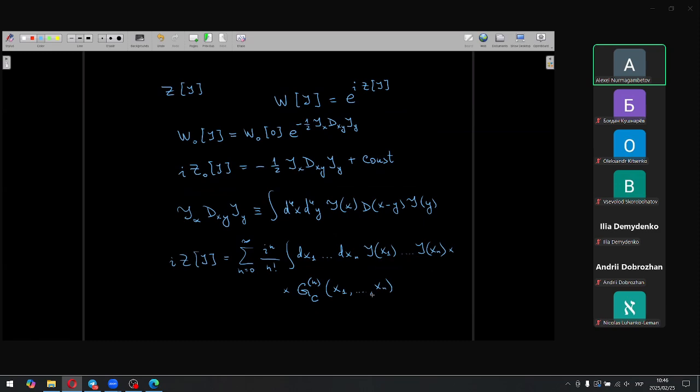In the free field case, we have just 2-point correlators, 2-point Green's function in this series, because we deal here just with these non-trivial correlators corresponding to the Feynman propagator D x minus y, and the rest of the connected Green's functions for n greater than 2 in this series expansion for Z functional turn out to be equal to 0.